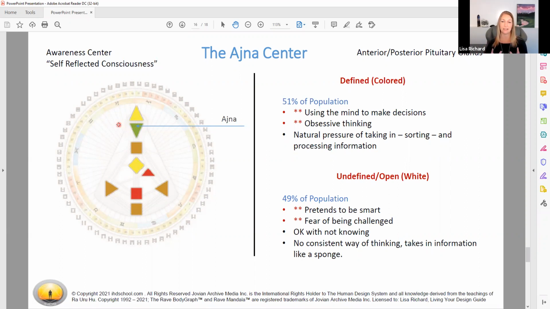So we pretend to be smart because there's that fear of somebody asking you on the spot to prove yourself. And a lot of us just don't know. We know it to be right, but we can't express in that moment or prove in that moment why it is right. But I can almost guarantee that you know exactly where to find the information.